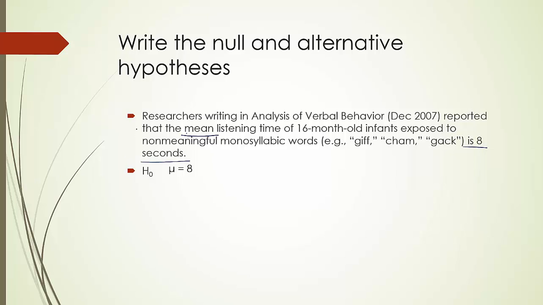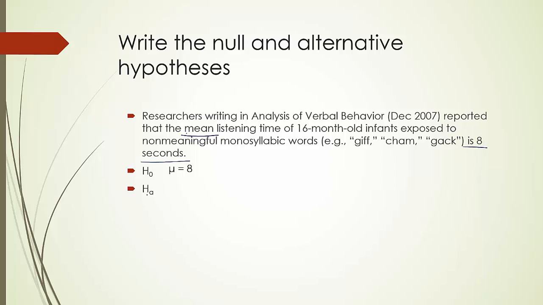Our prompt does not talk to us about whether they would like the mean time to be more or less than this, or whether it's thought to be more or less. So for this example, when we write our alternative hypothesis, and there's two notations, I usually use HA for the hypothesis alternative, but some people use H1.